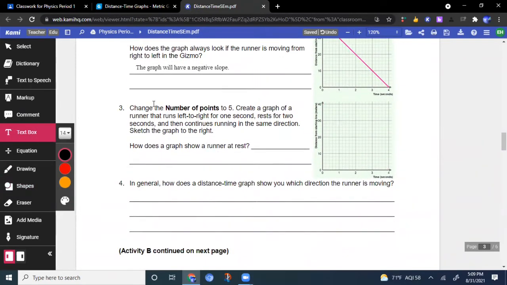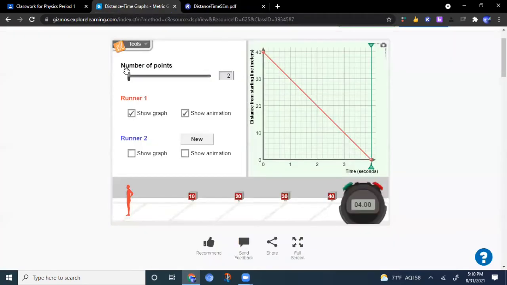Number 3, change the points to 5. Create a graph of a runner that runs left to right for 1 second, rests for 2 seconds, and then continues running in the same direction. Sketch the graph. Well, number of points to 5. Now, if I'm running from left to right, I need to start at a lower position and get to a higher position, right?